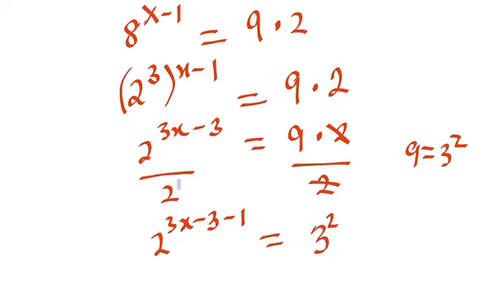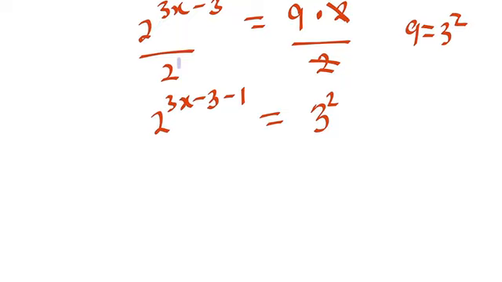Okay, so now we move on. From there, we have 2 to the power of 3x minus 4 equals 3 to the power of 2.